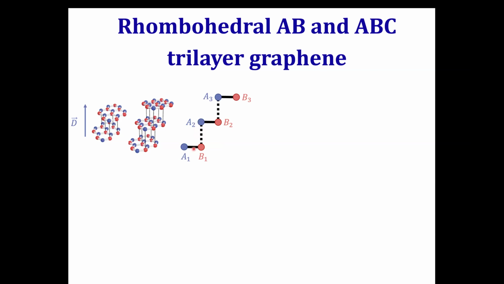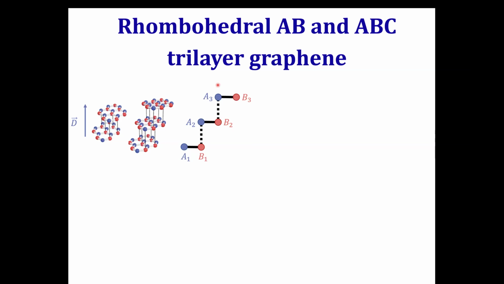But if you're sitting close to the Dirac point of graphene, you know that at the Dirac point, the A and B sublattices are degenerate. This is precisely the level crossing that you get from the Dirac dispersion. Then the interlayer hopping would hybridize and gap out, pushing away from the Fermi energy, these B1 and A2 sites, the B2 and A3, leaving at low energy only the states at A1 and B3.